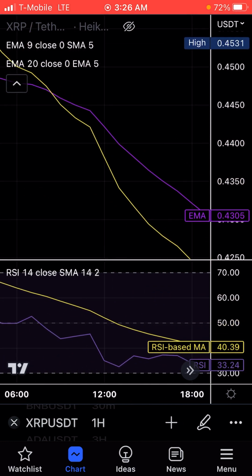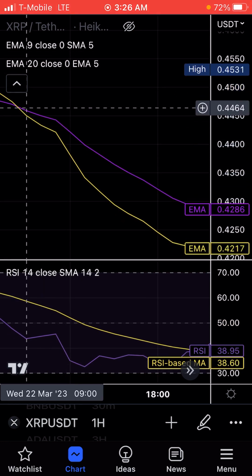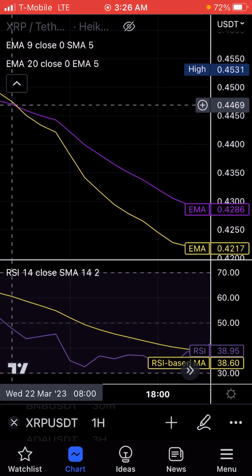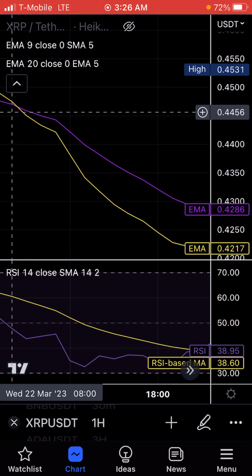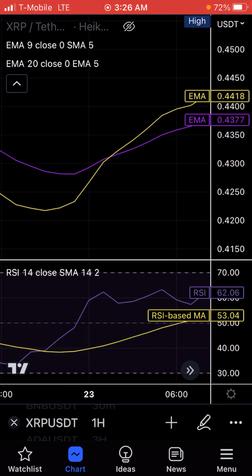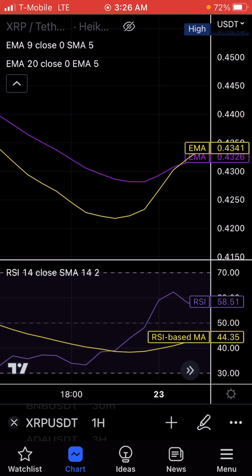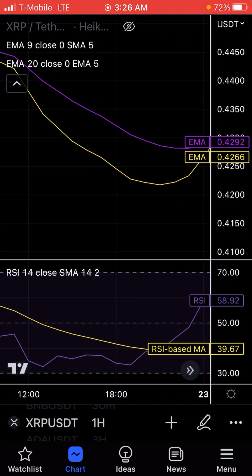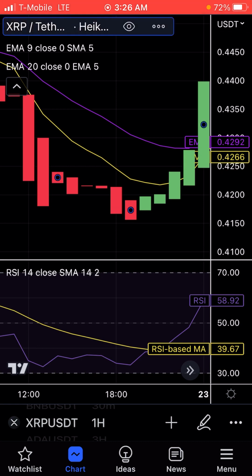Let's look at a couple other scenarios here. Here it crosses down here. This would be a short at 44, and then it crossed down here. We got 43. So there's profit there, and you could have profited before it crossed again.